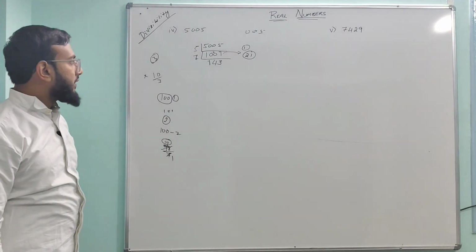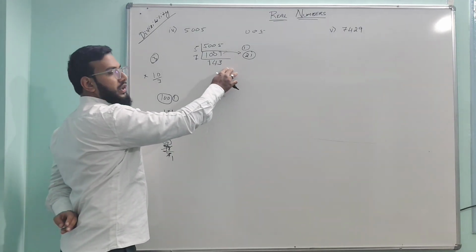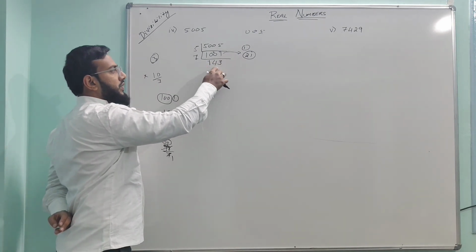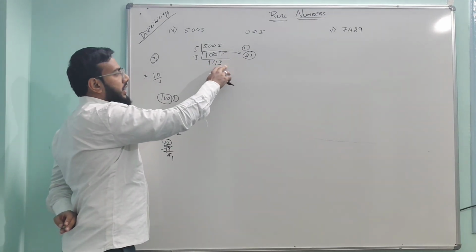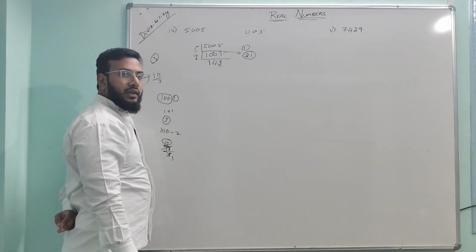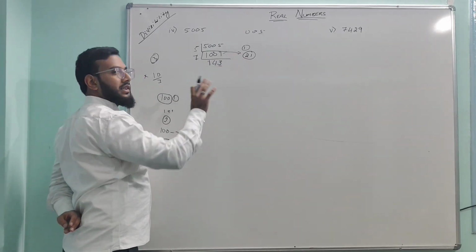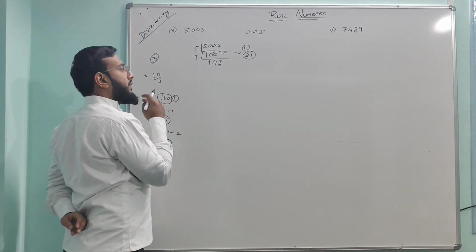Check quickly whether 143 is divisible by 3. 1 plus 4 is 5, 5 plus 3, 8. It's not divisible by 3. How to check with 5? The unit place doesn't have 0 or 5, so it is not divisible by 5 also. Then what can we do?